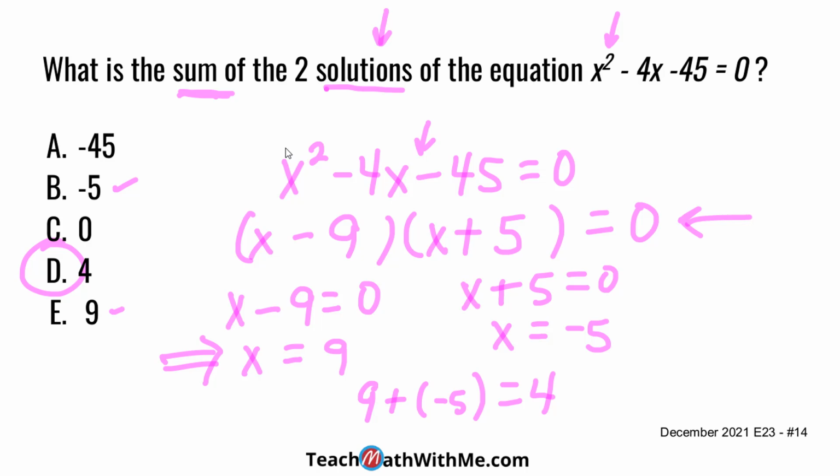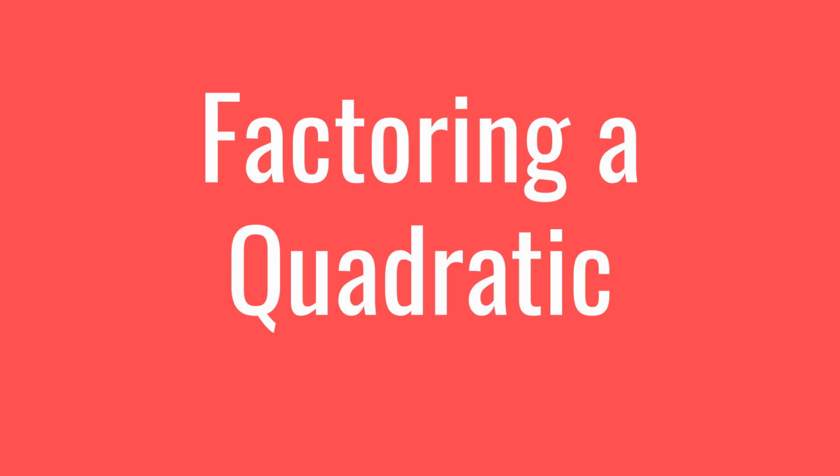And then finally, making sure that we understand our keyword sum. Sum means to add, so that's why we added the 9 and the negative 5. If you need a little bit more help or want some more practice on these types of questions, make sure you look up the topic, Factoring a Quadratic.